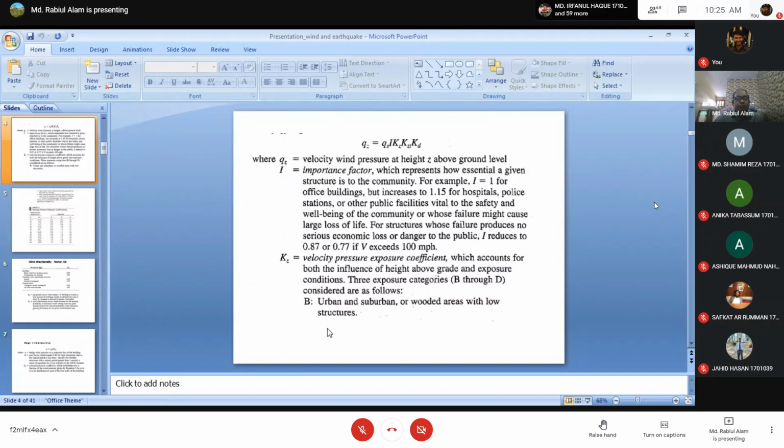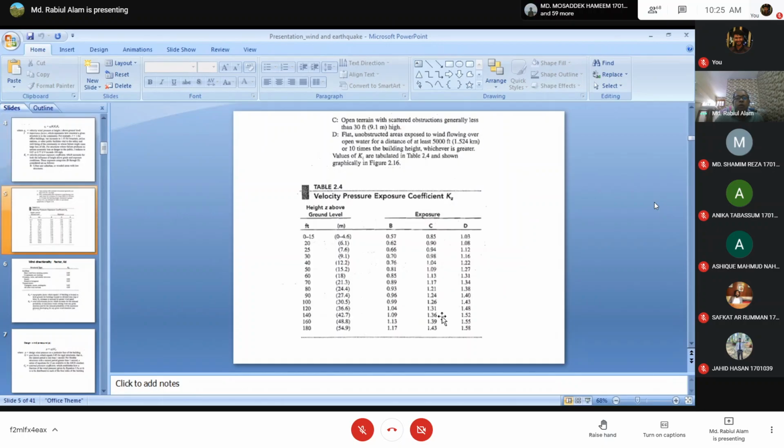Okay, so that exposure we consider as exposure B. Open terrain with scattered obstructions, generally less than 30 feet high, this type of surrounding environment we consider exposure C. And flat, unobstructed areas exposed to wind flowing over open water for a distance of at least 5,000 feet or 10 times the building height, whichever is greater. So this type of exposure we consider D.